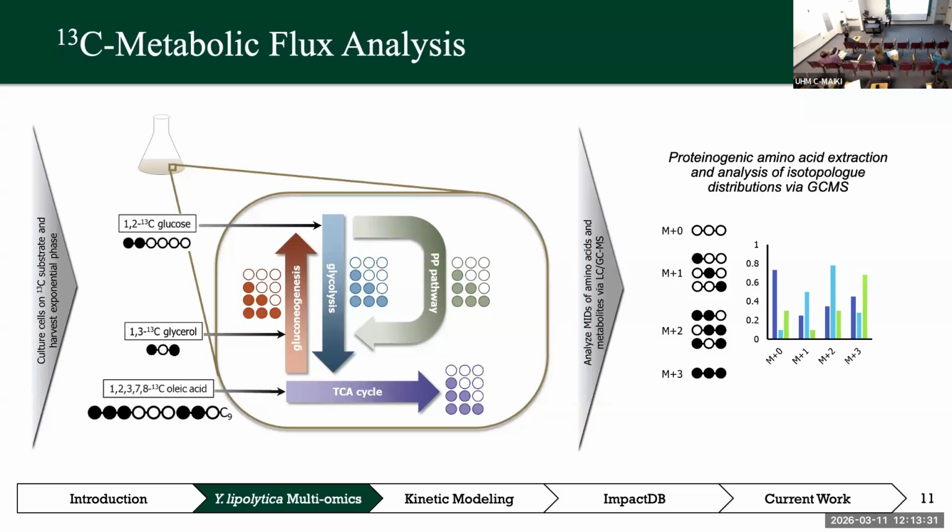So we can measure the amino acids' labeling patterns, and this is called the mass isotopomer distribution. We can't tell what position everything's in, but we can say, okay, this amino acid has 20% of it with no 13C, 20% has one 13C, and so on.